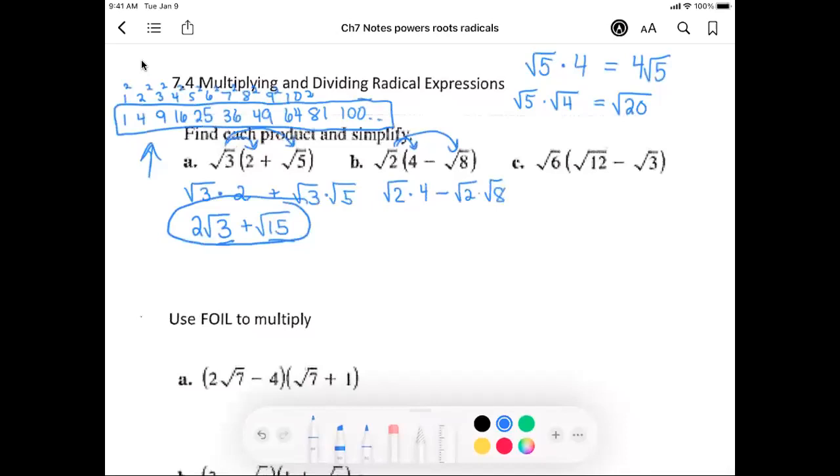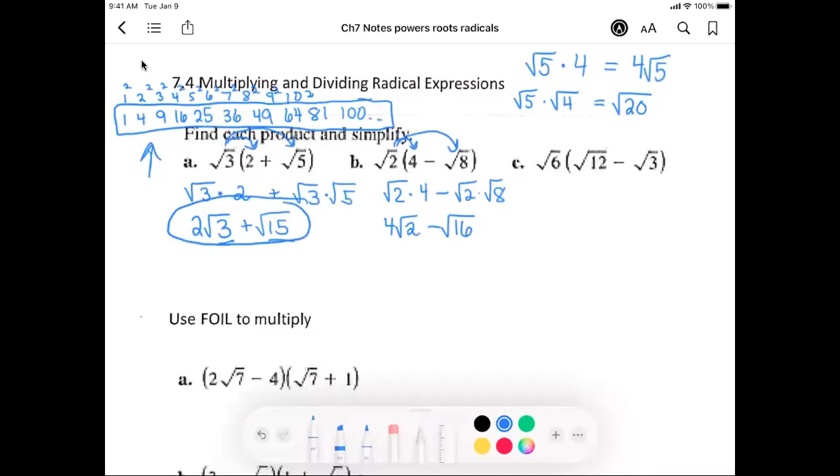So when I go to simplify this, the first left part of it, the square root of 2 times 4, you cannot multiply the 4 times the square root of 2 on the inside. So really it's just going to be rewritten as 4 times the square root of 2 like that. But on the right-hand side, you can multiply the 2 and the 8 and rewrite this as minus the square root of 16. I can do this because the square root of 2 and the square root of 8 are both in the symbol. Yes.